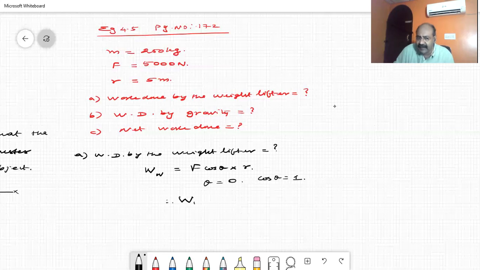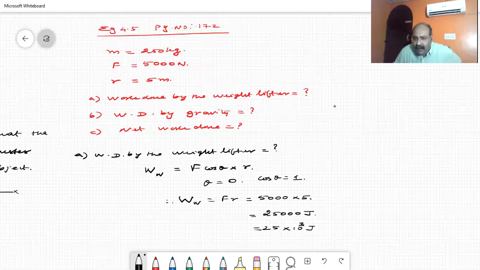Therefore, work done by the weightlifter is equal to F into r. The force acting is 5000 Newton. He has moved it to a distance of 5 meters. So you will get the answer as 25,000 joule, or we can write 25 into 10 to the power of 3 joule, or 25 kilojoule, as the work done by the weightlifter.